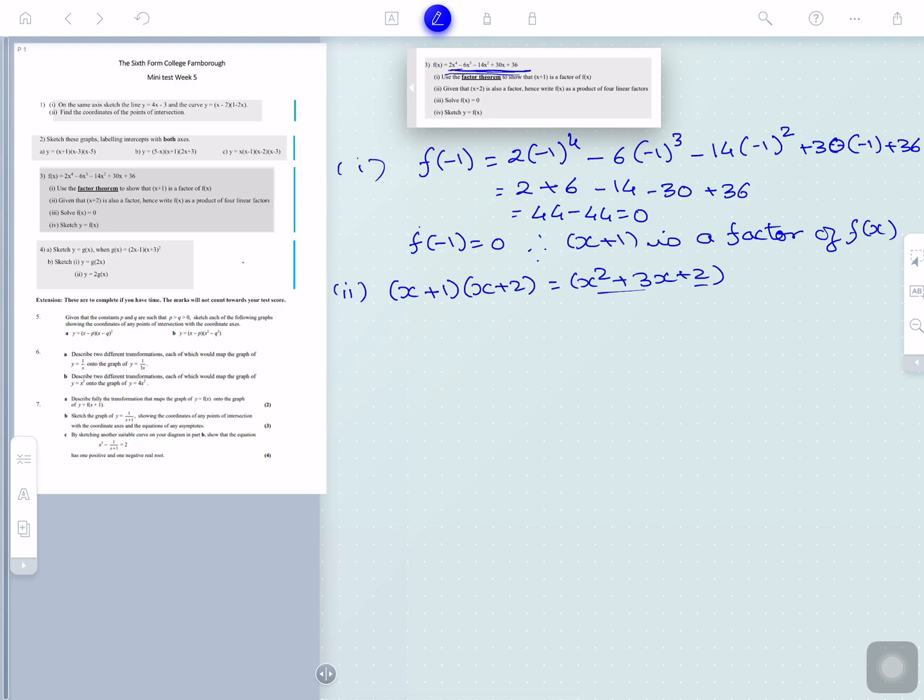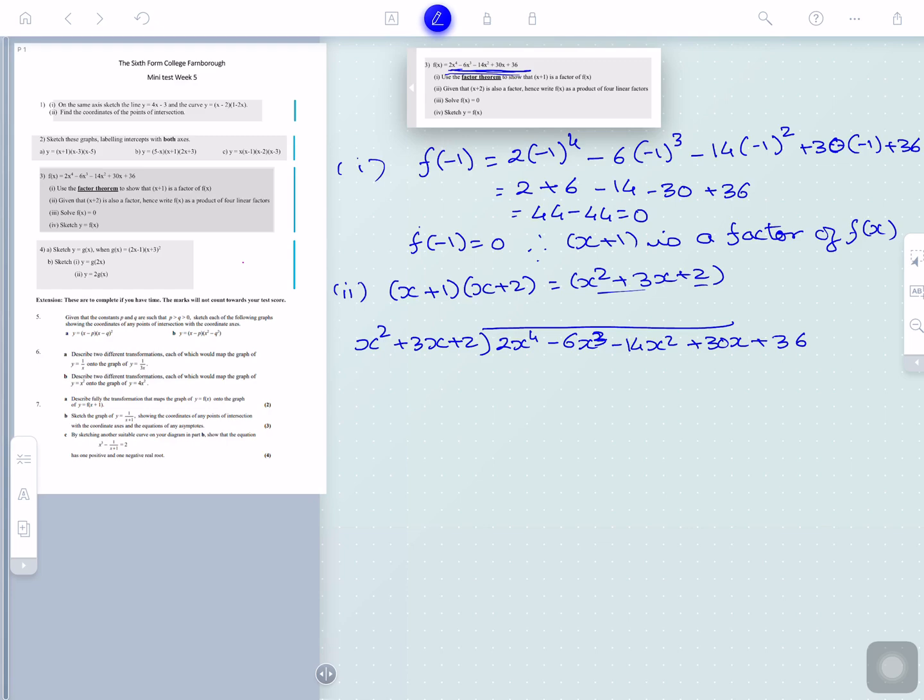And the division, you can do it either by box method or by long division. So if you do long division, x squared plus 3x plus 2, I'll show the box method as well. You've got 2x to the power of 4 minus 6x cubed minus 14x squared plus 30x plus 36.